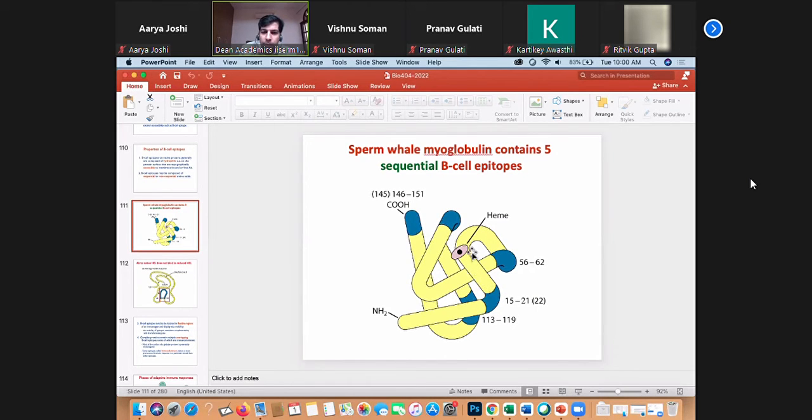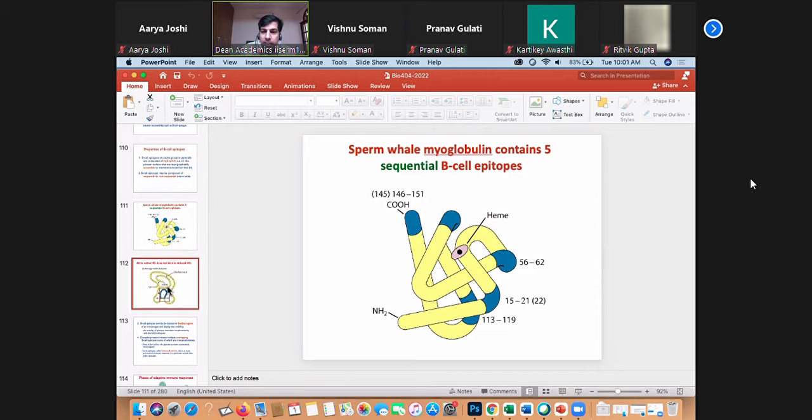Another epitope is concentrated here, 56 to 62. So this is actually a sequence starting from 56, then 57, 58, 59, 60, 61, 62. So this region constitutes one epitope. These are called sequential or linear epitopes.